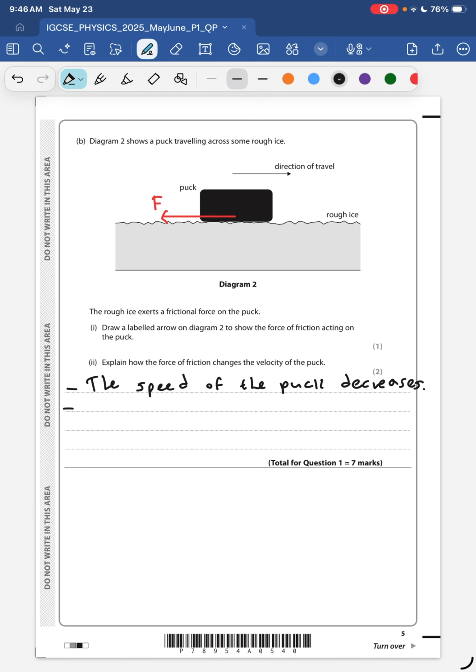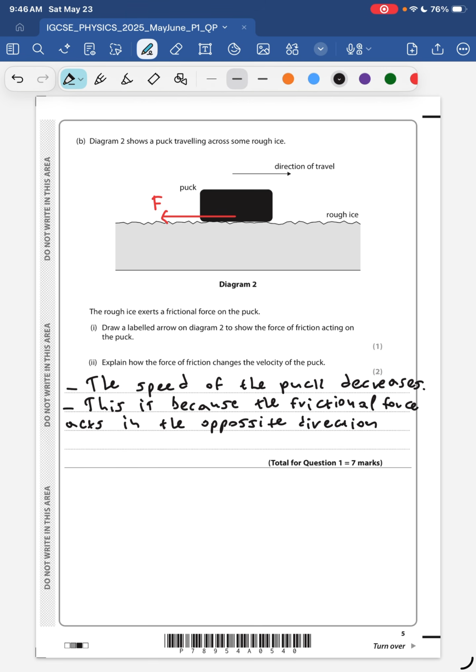And this is because the frictional force acts in the opposite direction from the motion. I'm going to write this down. So this is because the frictional force acts in the opposite direction to the motion of the puck.